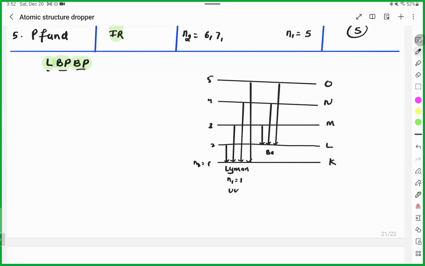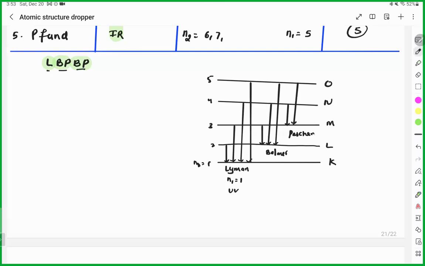This will be the Balmer series. Same way, if you take the Paschen series, then it will come either from the fourth or fifth, like this. Make sense? This is the Paschen series. This is how radiation and energy work.